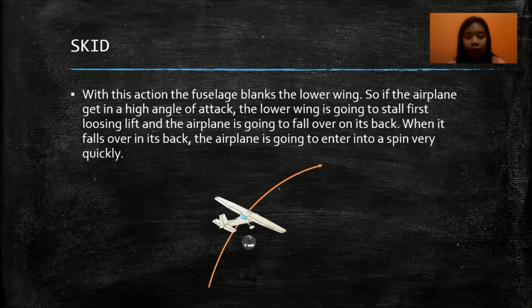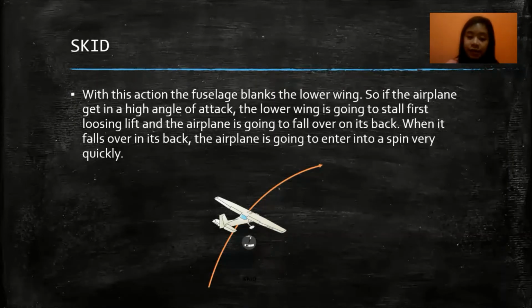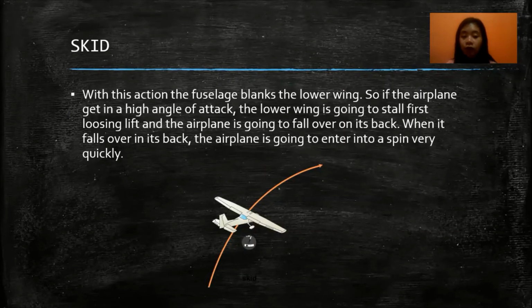So, if you have plenty of airspeed, the aerodynamics of a skid is the same as the aerodynamics of a proper slip. So, in both cases, there is air flowing crosswise over the fuselage. Makikita natin sa picture. However, kailangan na matanggal yung form ng pag-skid kasi delikado talaga yon.